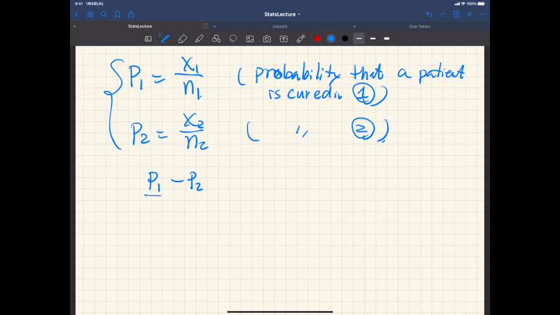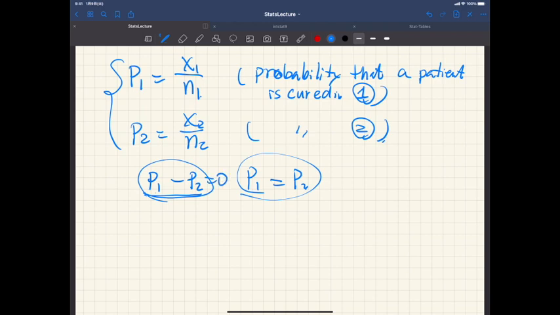Okay, if this is a large positive number, then we may reject the hypothesis that they are actually equal. Our null hypothesis is that P1 is equal to P2, right? But if that is so, then P1 minus P2 should be 0.